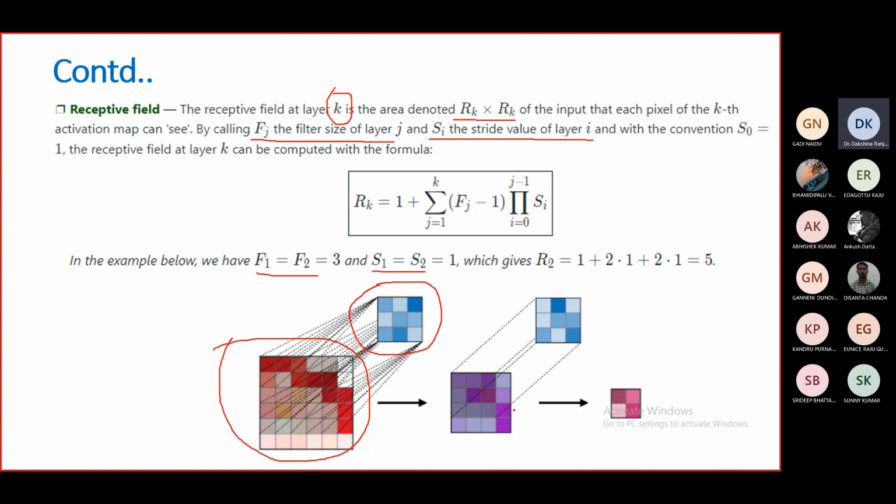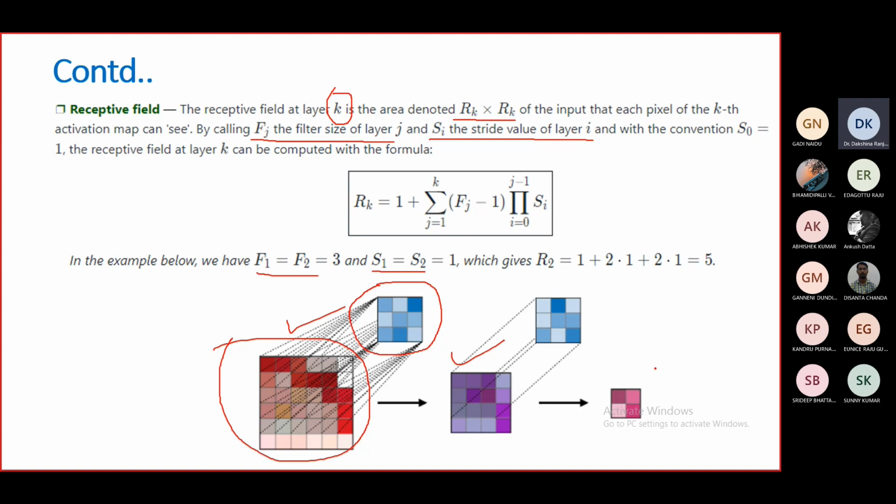What is the second layer? This is the second layer, and this is the first layer. So here in the second layer, the dimension of the receptive field becomes 5 by 5.